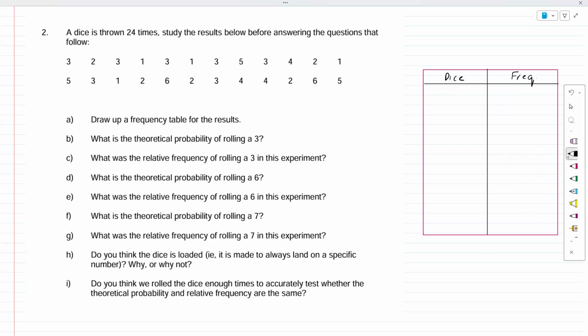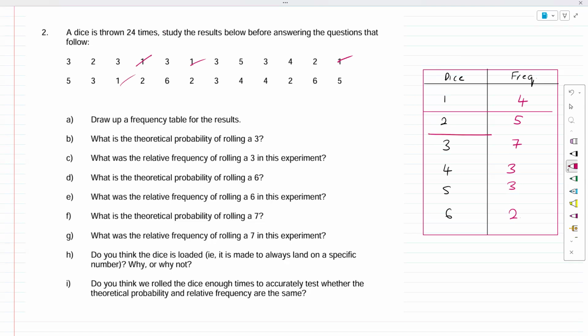Now, I'm going to skip answering. That's 1, 2, 3, 4, 5, 6. I've done this question multiple times, so I do have the answers. I'm not going to sit and count it for you guys because it makes things a bit untidy. But if you don't know, all we would do is go and count the number ones. 1, 2, 3, 4, and we write down the frequency as 4.